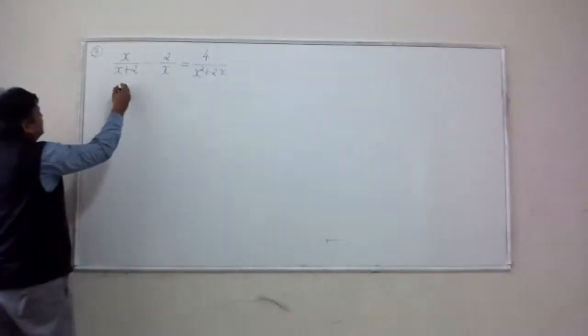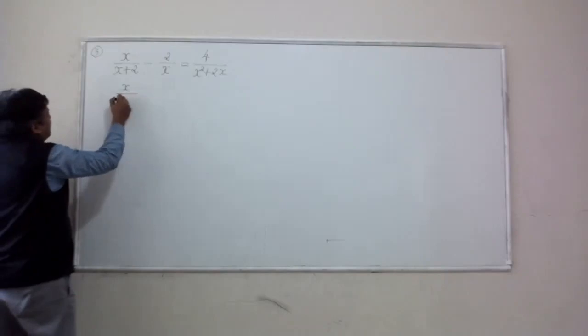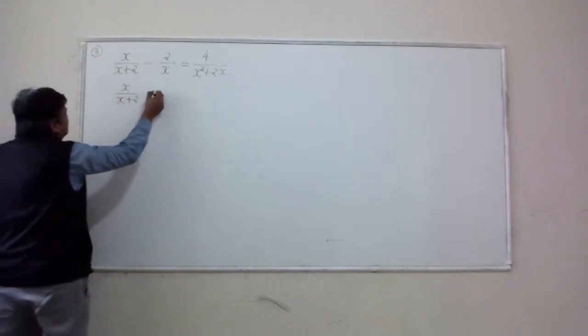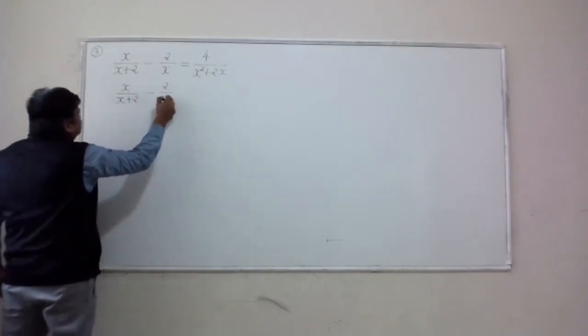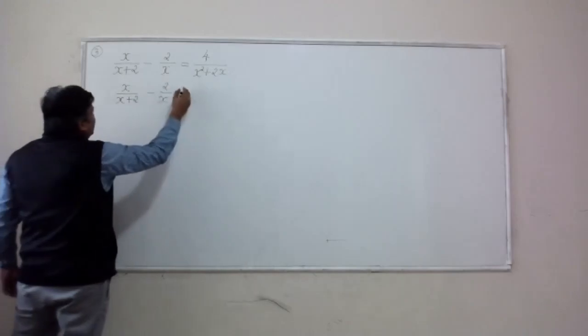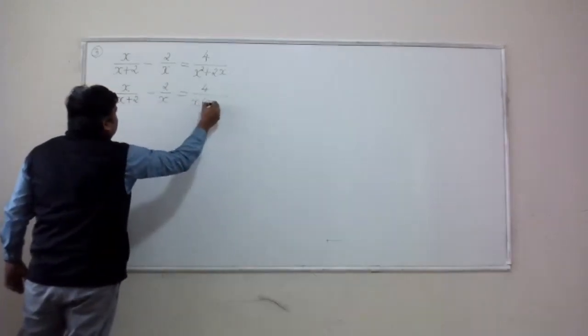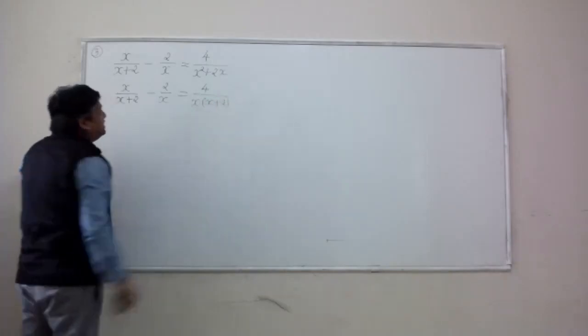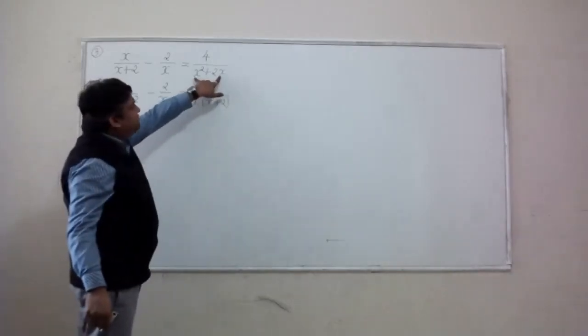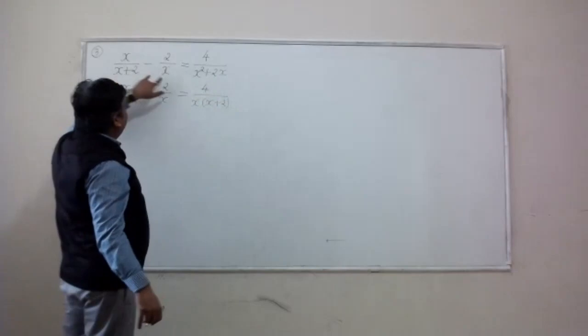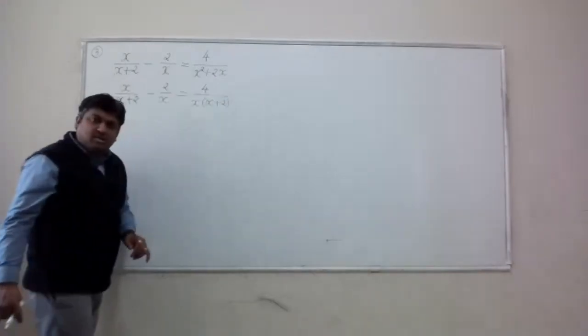Let me find out the common denominator of all the terms. I have x over x plus 2 minus 2 over x. On the other side, I have 4 divided by x times x plus 2. I factorize every single entry in the denominator.